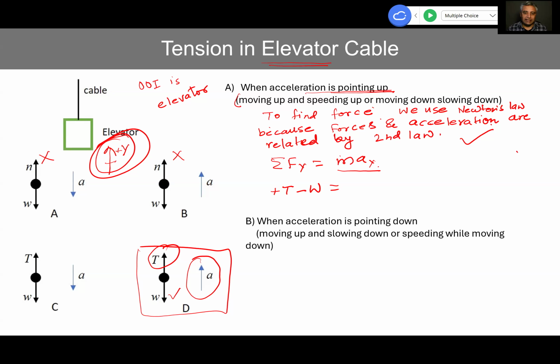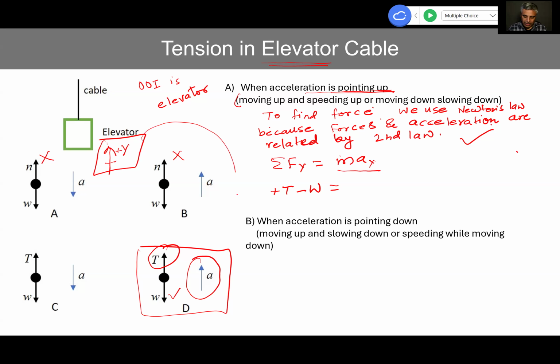And since we are writing acceleration in the equation, we need to write the correct sign, positive or negative, based on our choice of coordinate. In this case, our choice of coordinate is up is positive.